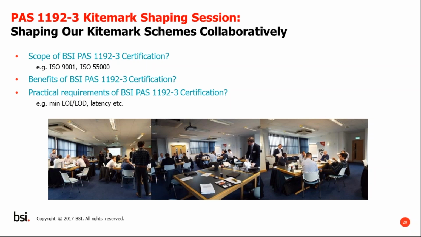So what we've effectively done is created a shaping group of stakeholders. This is actually how BSI standards create the standards themselves, through groups that engage and discuss the nuances of the contents of all of our BS standards.